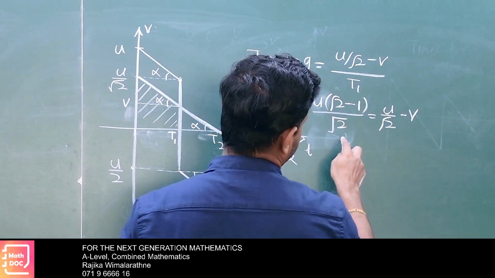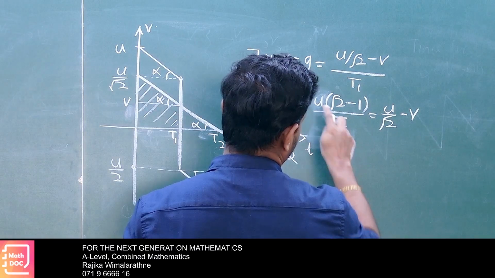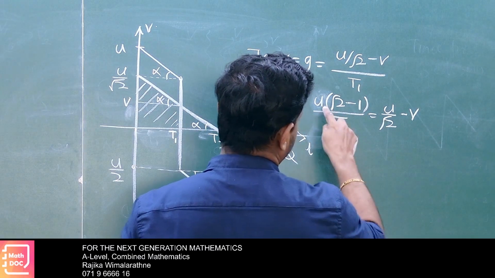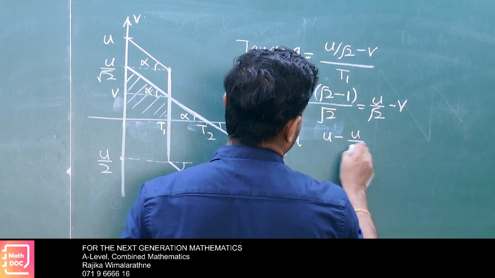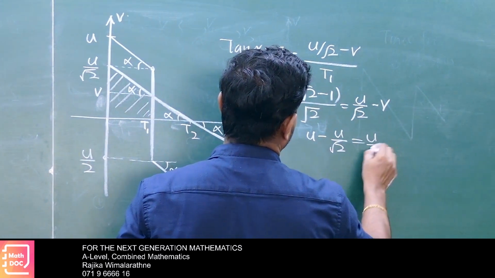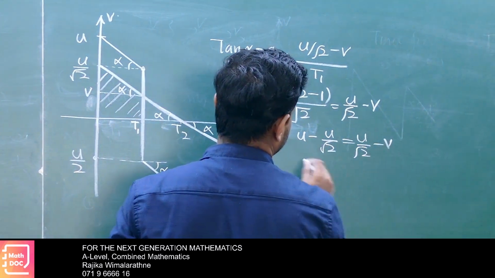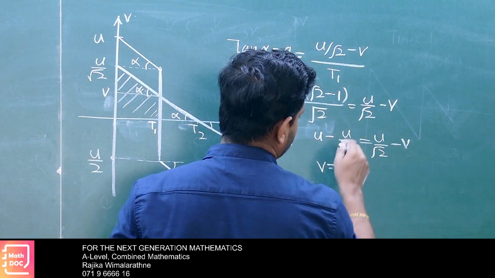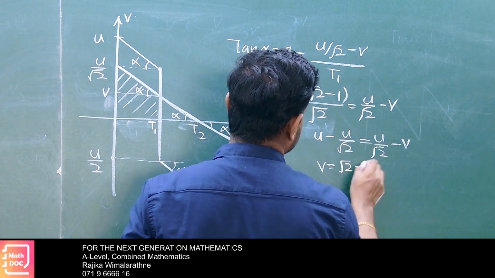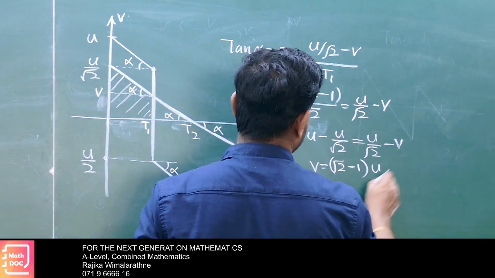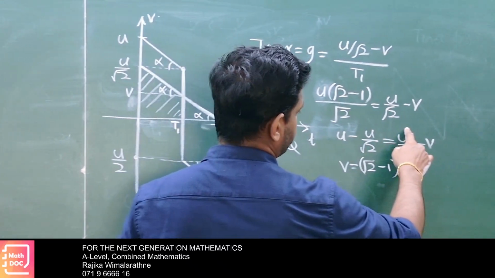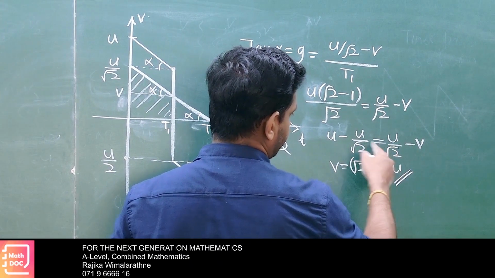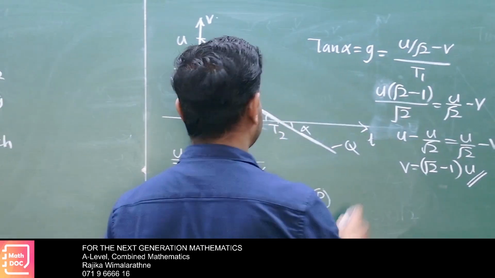Simplify here. U minus U over root 2 equals U over root 2 minus v. So v equals root 2 minus 1 times U. Here the v1 value is 2U over root 2 minus U. Okay, that is the velocity.